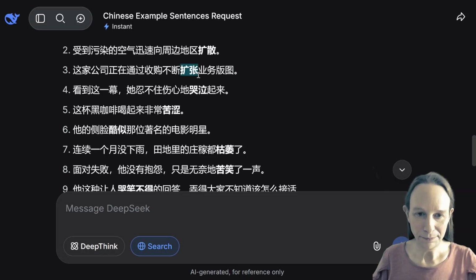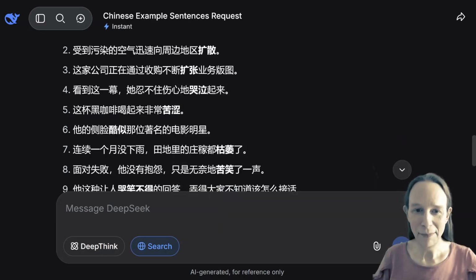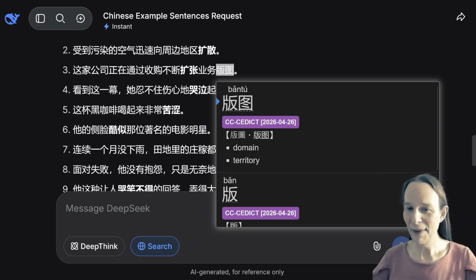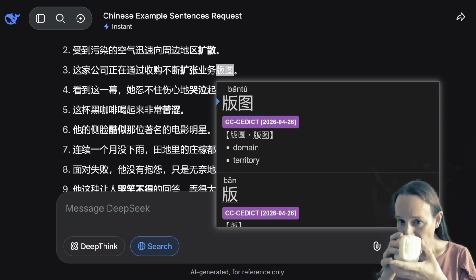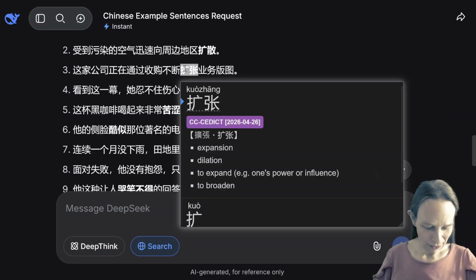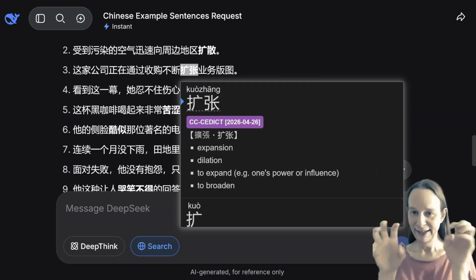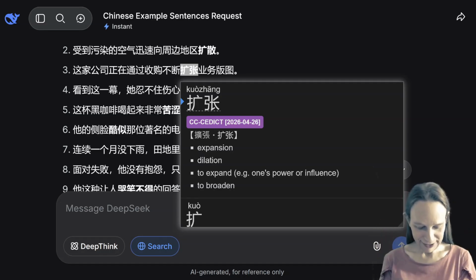All right, so obviously this is another expand, but it's used here as your company is expanding, broadening. Broadening the company's 版图, domain. I don't know this word. This is not a problem. 扩张, 向外张大或伸开去. So you're expanding outwards, or extending outwards.